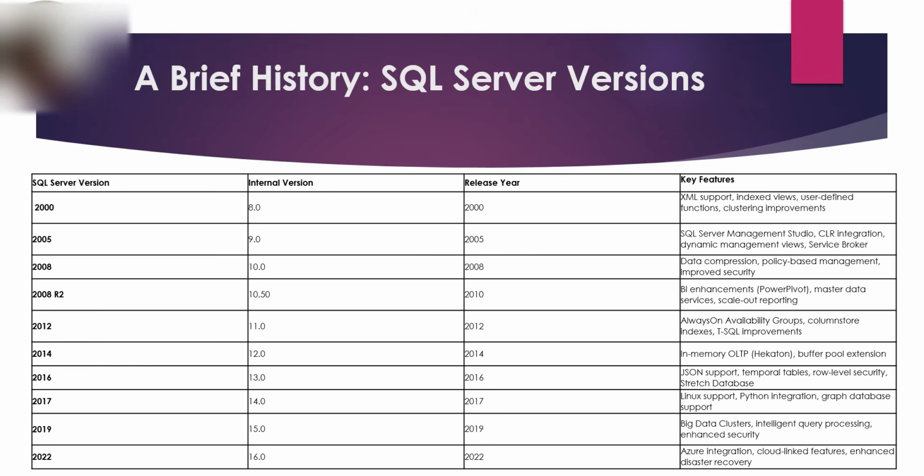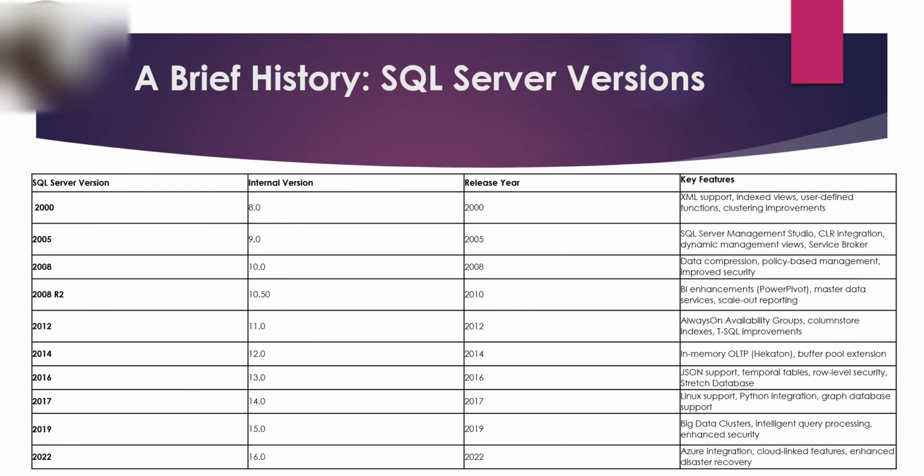In 2012, SQL Server 2012 was released with internal version 11, and it has key features like Always On availability groups, columnstore indexes, and T-SQL improvements. In 2014, SQL Server 2014 was released with internal version 12.0, with in-memory OLTP and buffer pool extension.